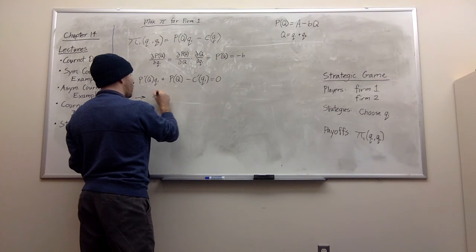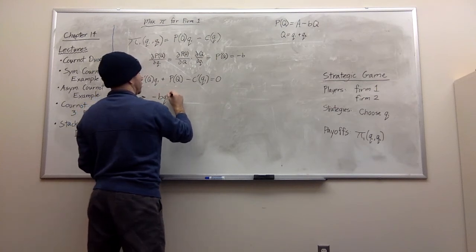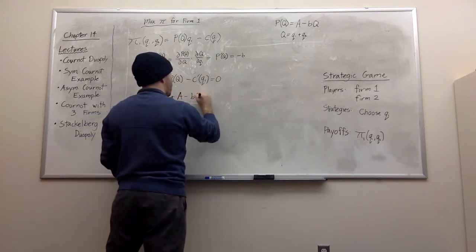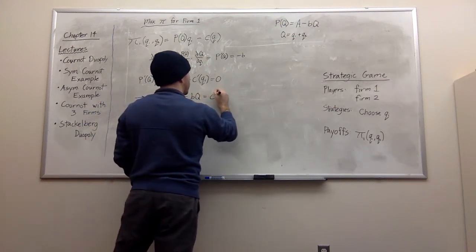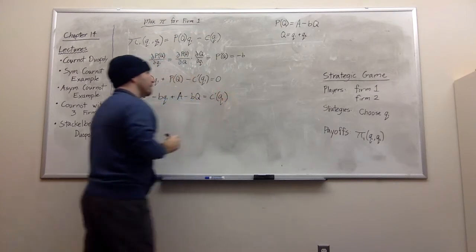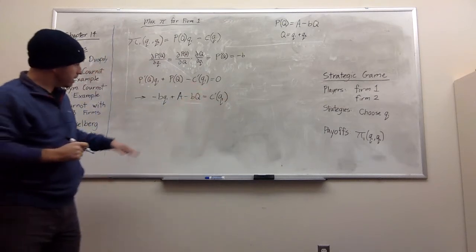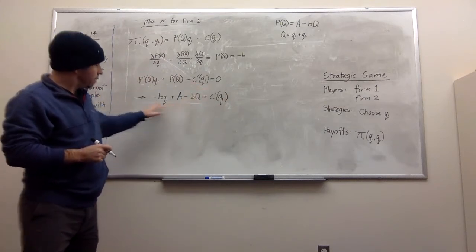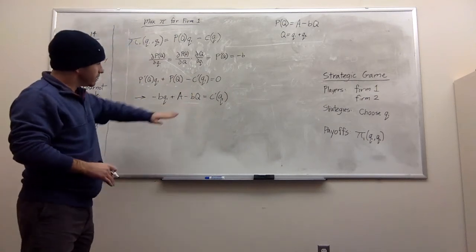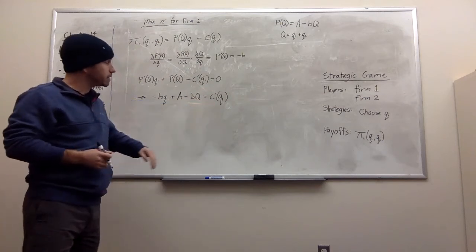So we have, add my C prime of Q to the other side, and I've got minus BQ1 and minus BQ here with our A. This form is our marginal revenue equal to marginal cost, right?